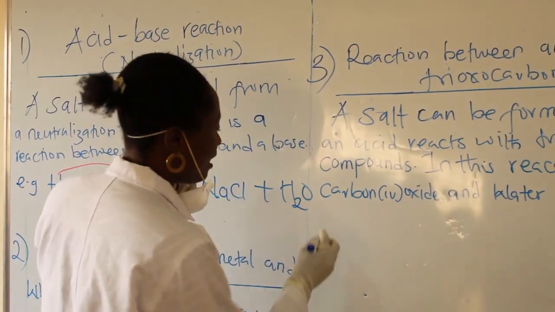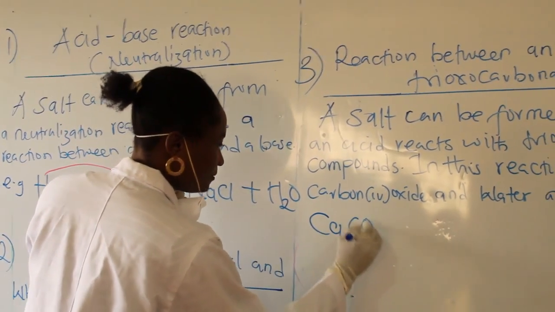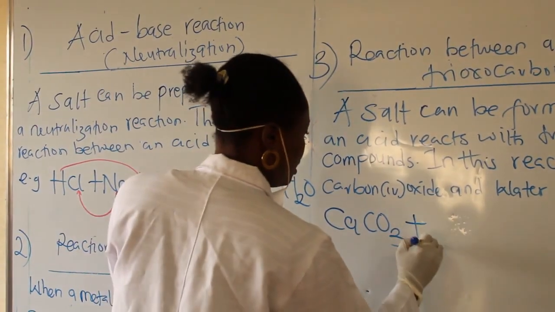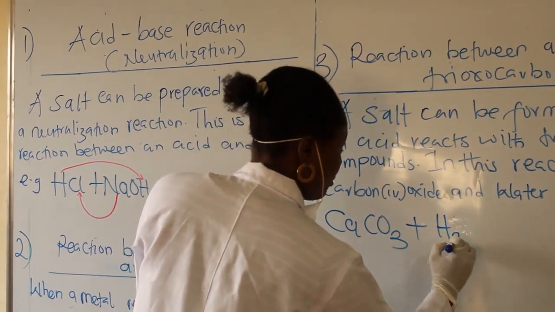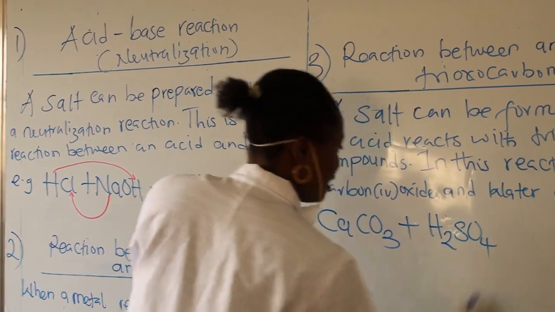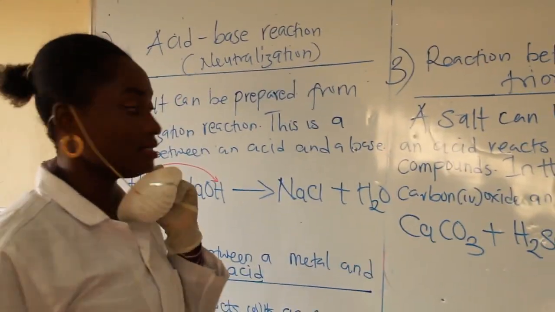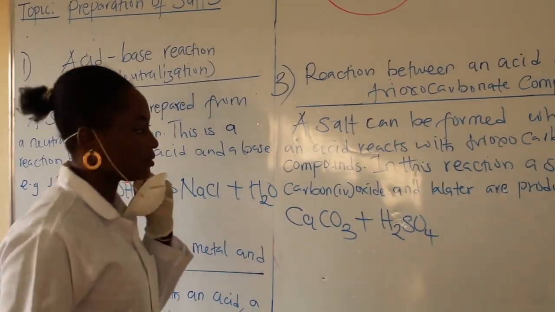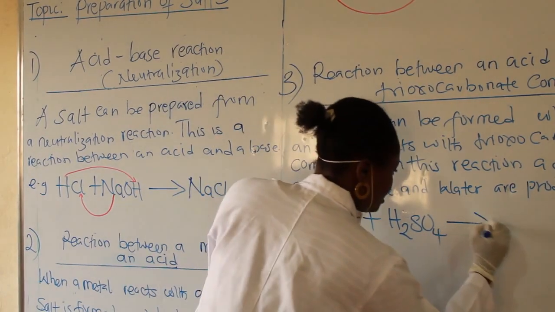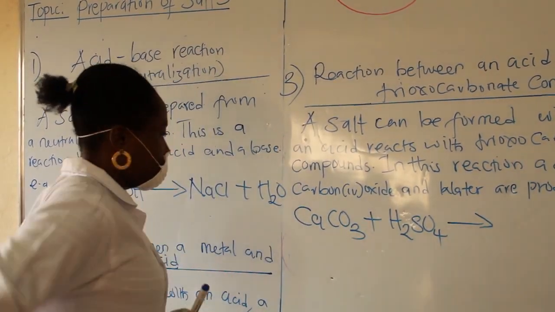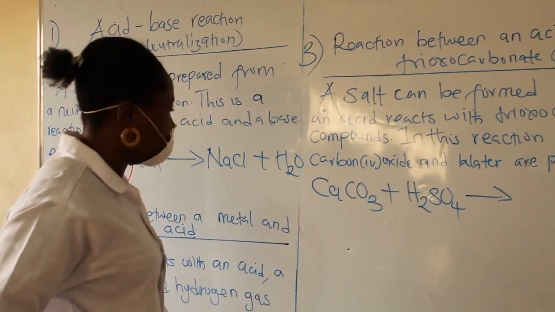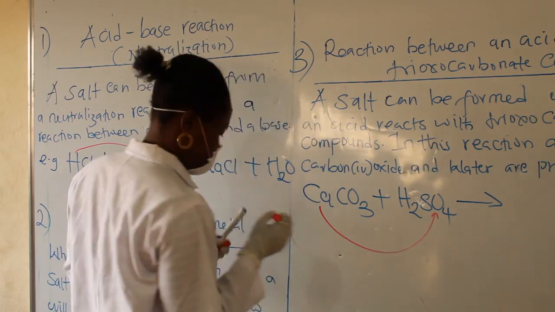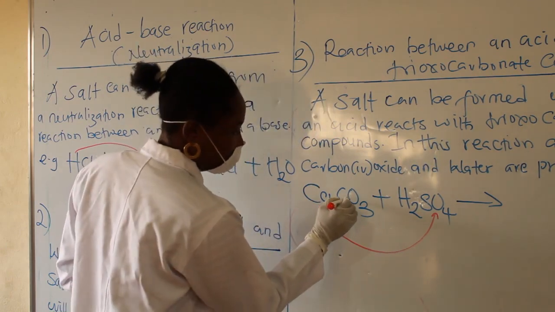For instance, if I have calcium carbonate reacting with H2SO4, that's our acid, and this is the trioxocarbonate compound, calcium carbonate. Now I'm going to demonstrate how to form the products. Calcium reacts with sulfate. CO2 will be liberated from here.